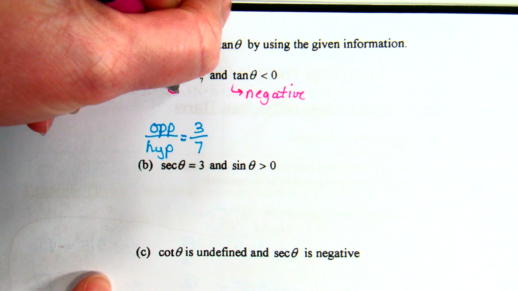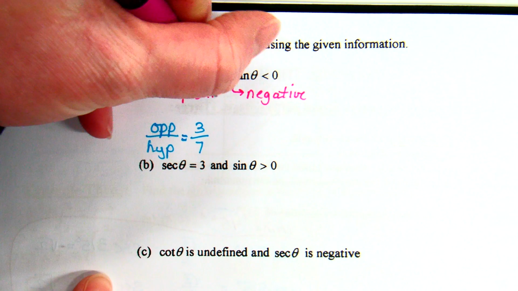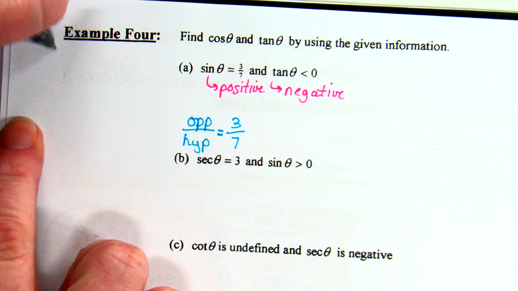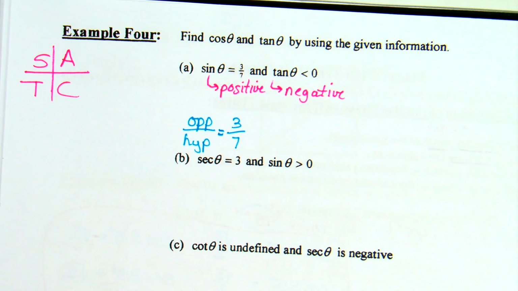So if sine is positive and tangent is negative, can you tell me what quadrant I need to draw this triangle in? He says second quadrant. Does that make sense to you guys? All students take calculus.